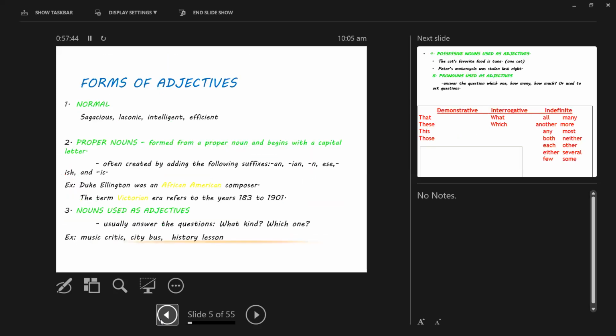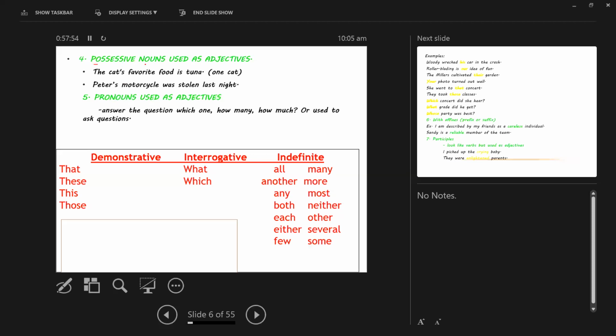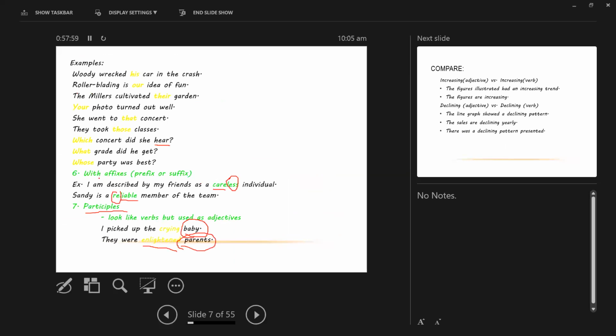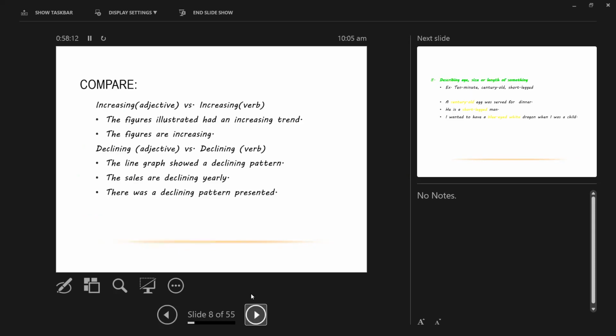Again, what are the different forms of adjectives? Normal, yung pinakasimple. Proper nouns, nouns, possessive nouns, pronouns, words with affixes, and participles. Okay, do you have any questions?